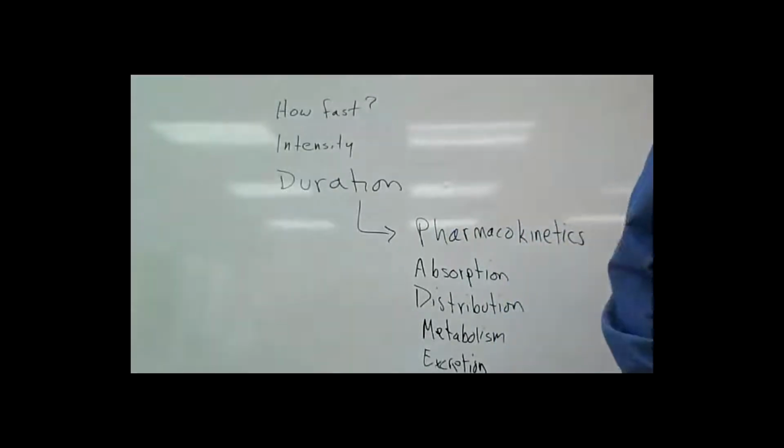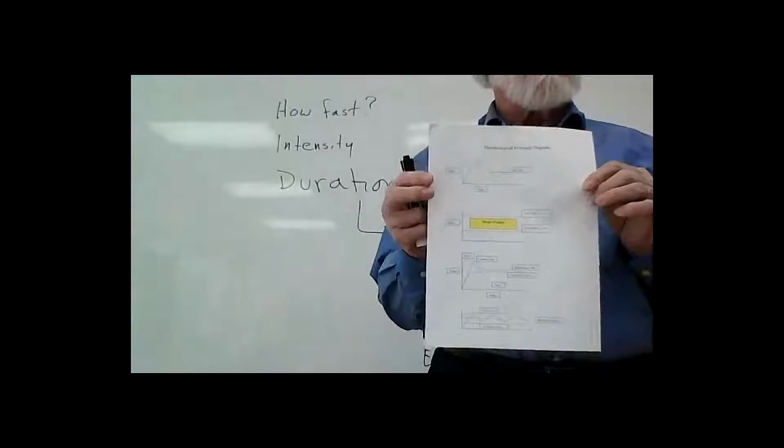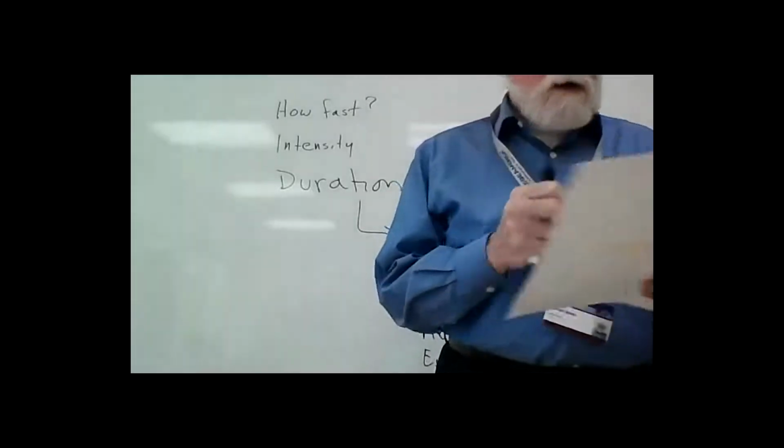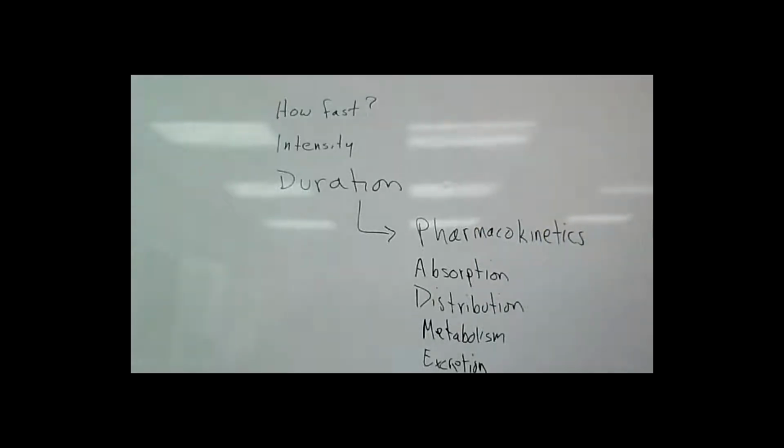If you look at this pharmacological principles diagram that I just gave you, you'll see that we have a plasma level that rises over time up to a maximum concentration at a specific time, which we call Tmax.